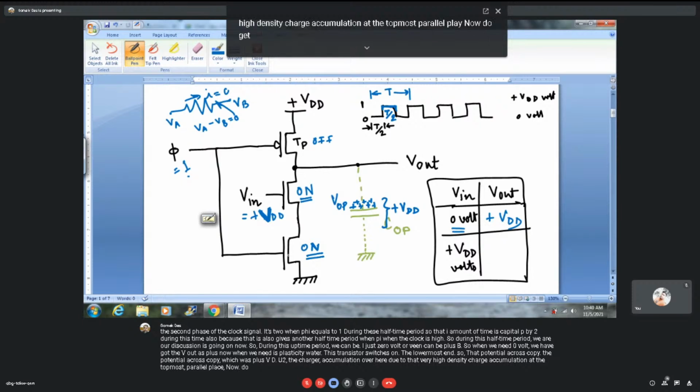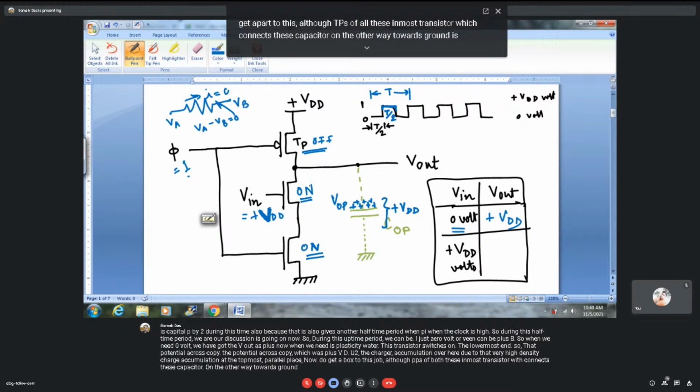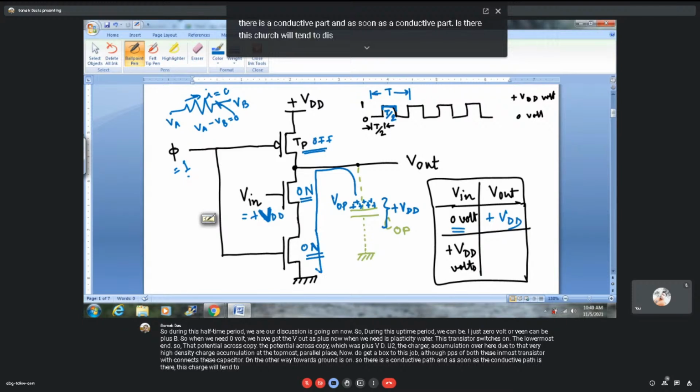Although TP is off, both these NMOS transistors which connect this capacitor on the other way towards ground are on. So there is a conductive path, and as soon as a conductive path is there, this charge will tend to discharge to ground through this path.